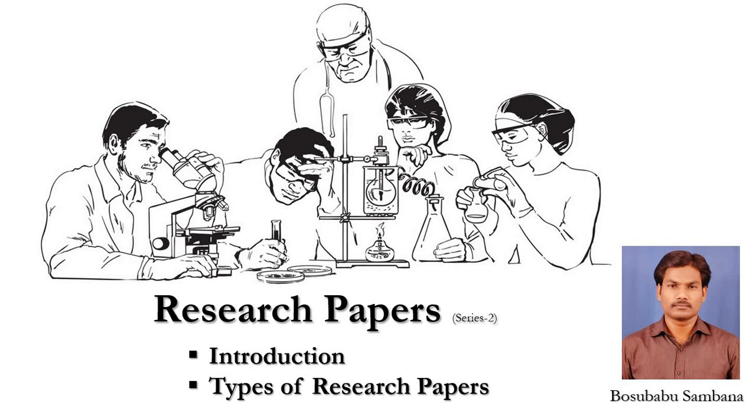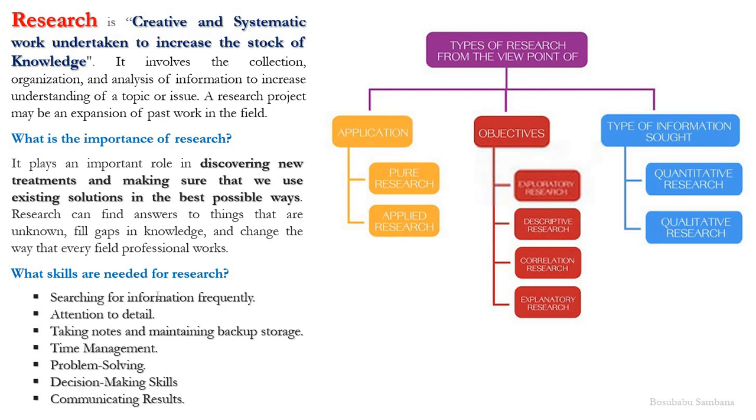We discussed that in the previous video. But right now, we are discussing research papers, mainly focusing in this series on introduction and types of research. Next, what is research and how many types are there generally?